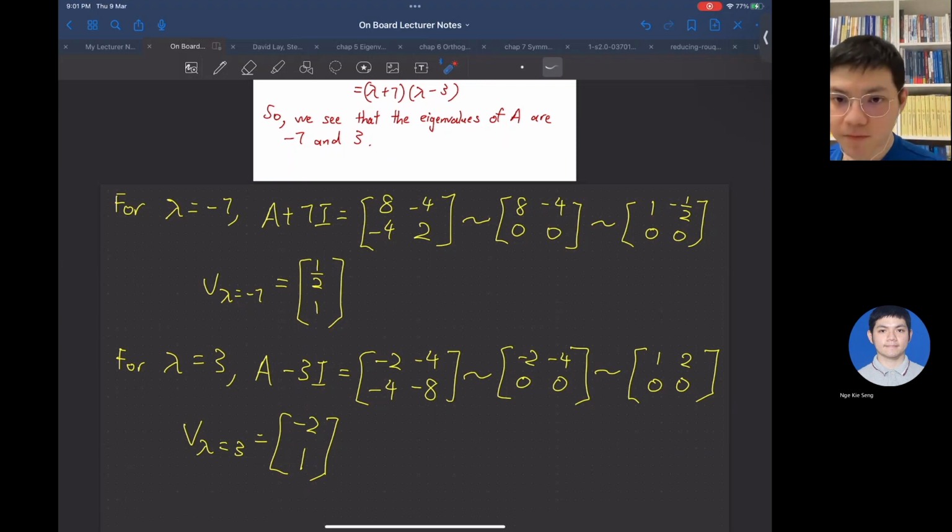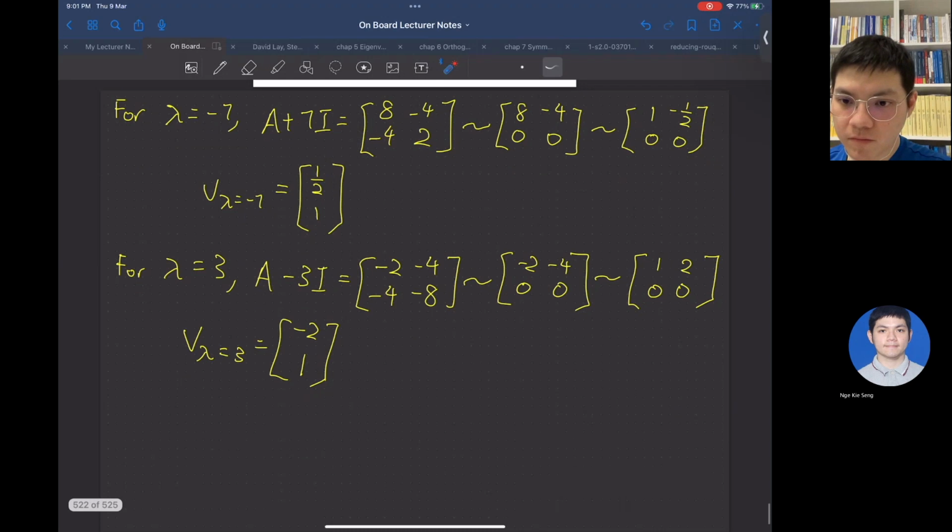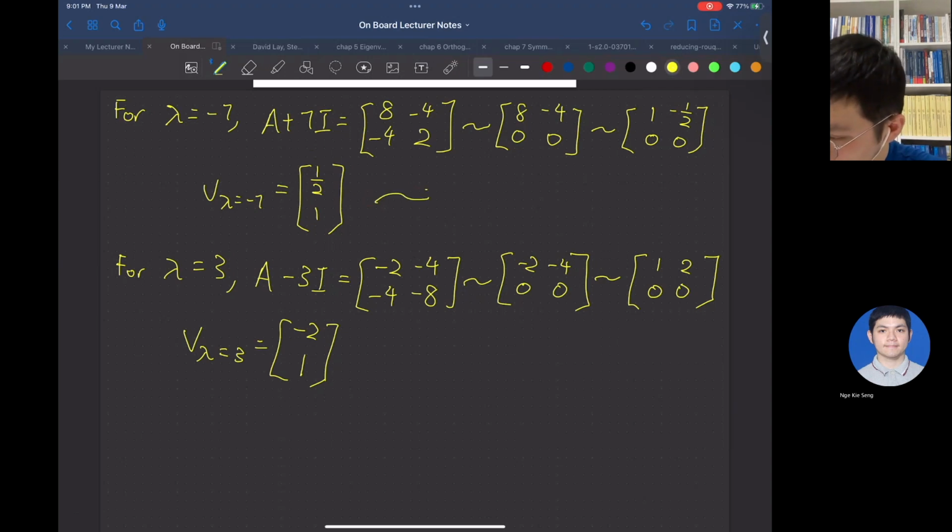So what you could do is you could normalize this vector further to get the normalized eigenvector. Okay. So you will take v for lambda equals minus 7 divided by its length. Okay. What is the length of v for lambda minus 7? Okay.